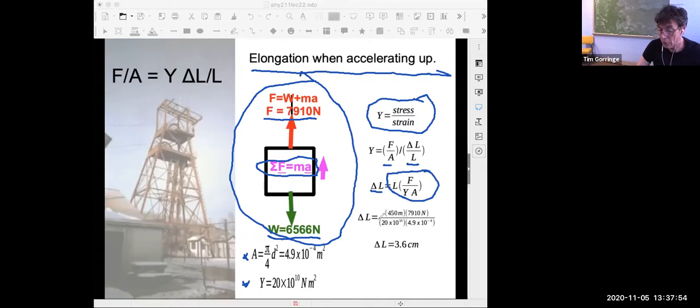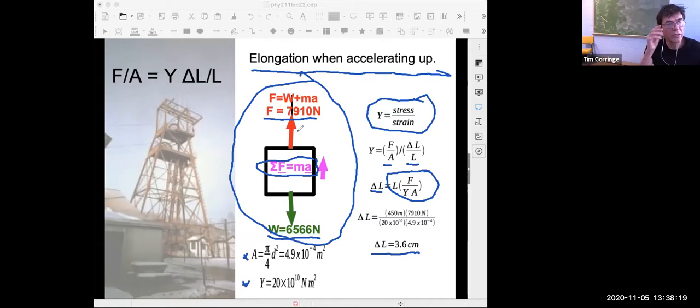And so I plug them all in, and what we find out is when the elevator accelerates upwards from the bottom of the mine shaft, the cable is stretched a little bit more because the tension in the cable is a little bit more. And so that stretch is 3.6 centimeters. It was 3.0 centimeters when the elevator was just hanging there.